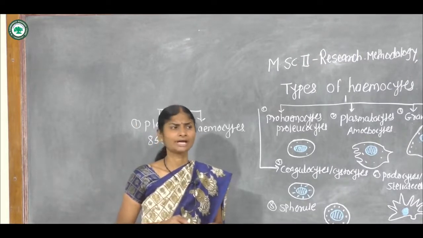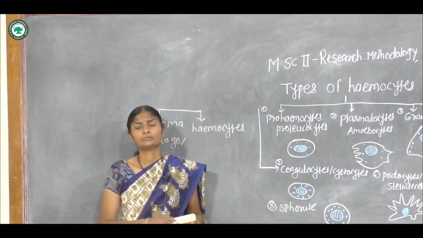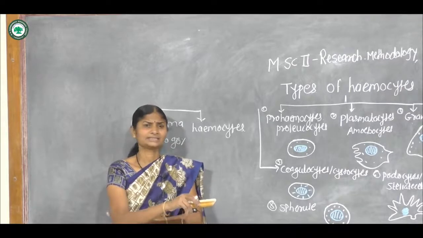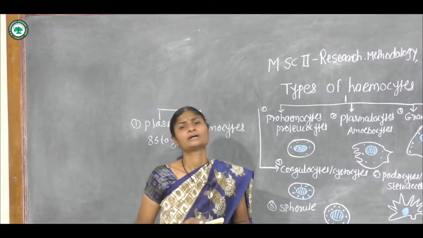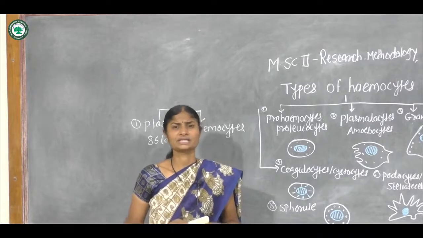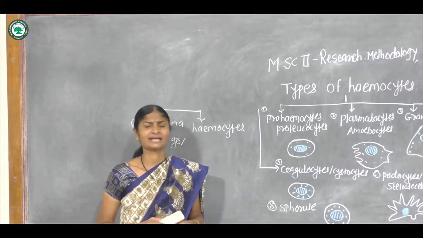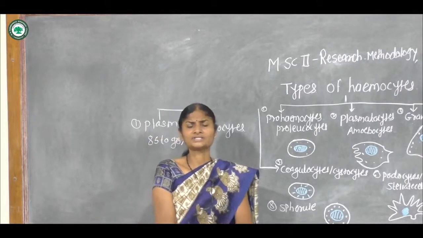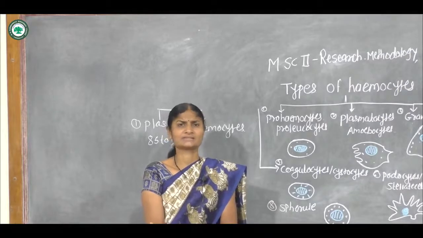If we look at the ionic composition of hemolymph, it is rich in potassium ions in phytophagous insects and rich in sodium ions in predator insects.